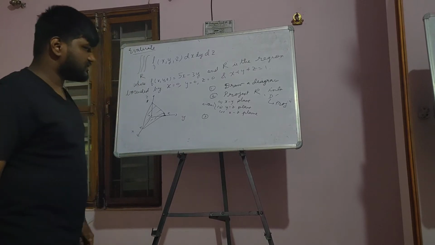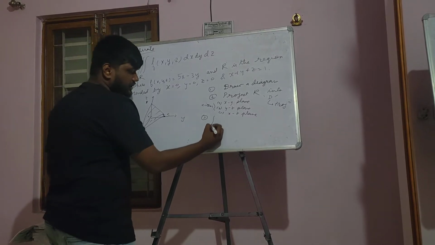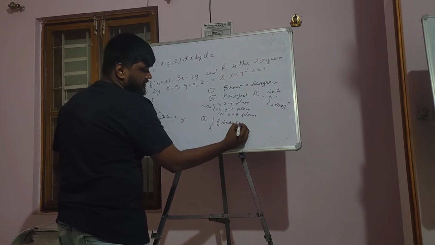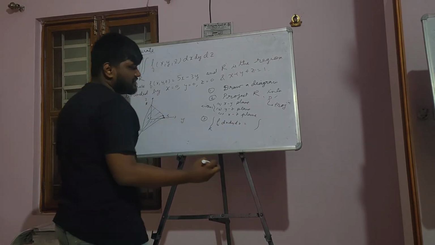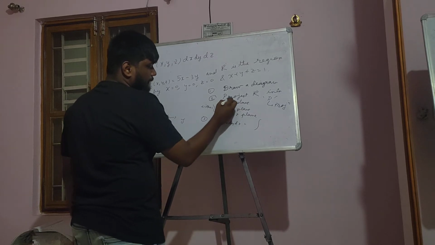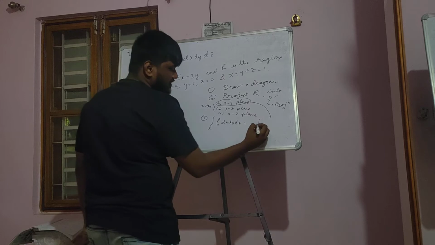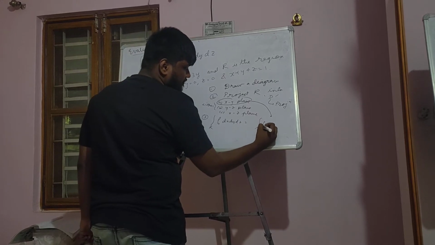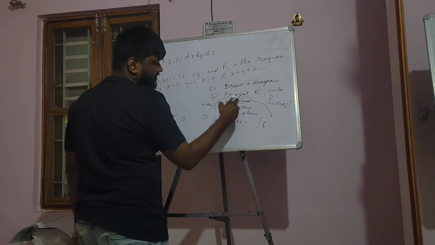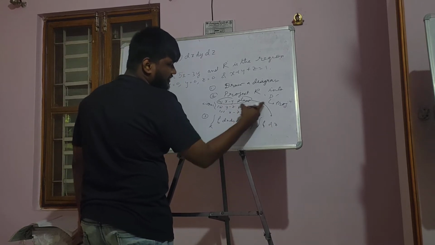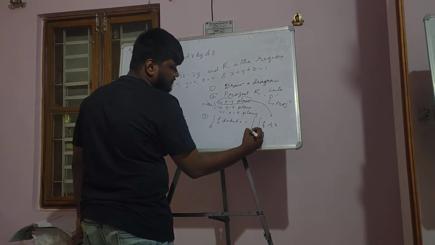And the third step is, you want to integrate f in the region R. Let's say you projected into the xy plane, then this is just the same as the integration of f. Since you projected in the xy plane, we will integrate first with respect to z, and then we integrate with respect to the projection.